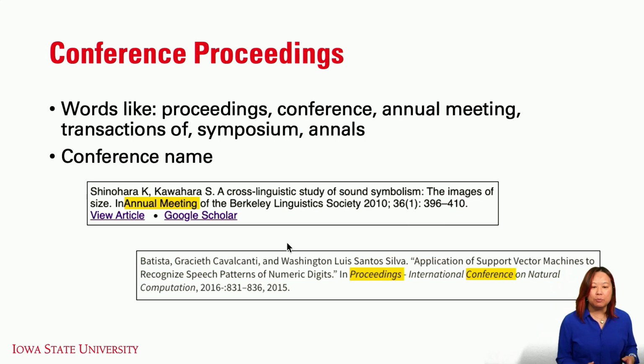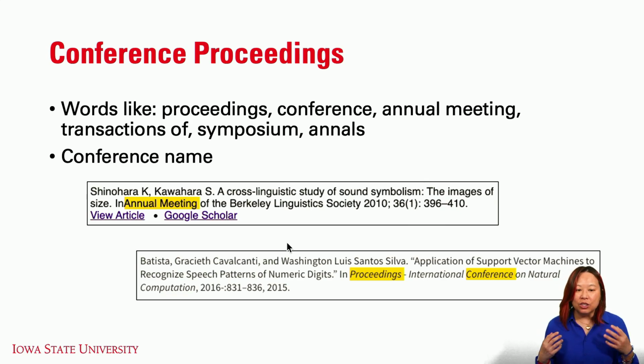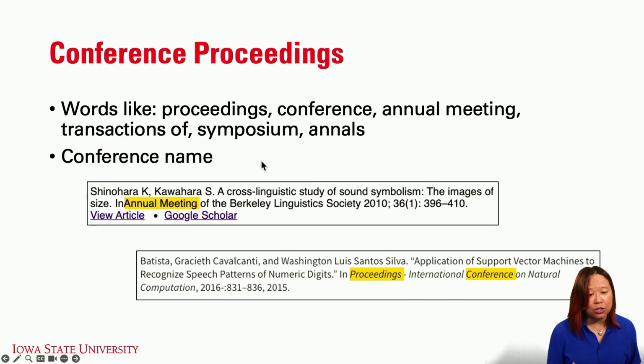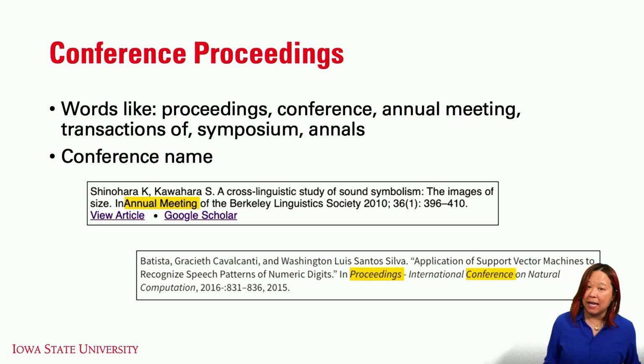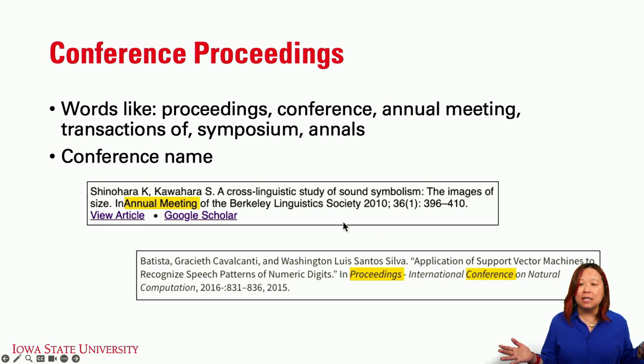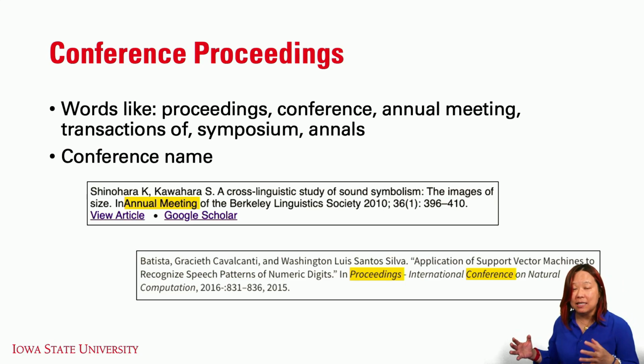All right, conference proceedings. The clues are in the words. So again, this might be something you may want to list in your notes. Look for words like proceedings, conference, annual meeting, transactions of, symposium, and annals. Sometimes you will also find a conference name. Conference proceedings are basically, you have a professional conference, people go to different presentations, sometimes they have a discussion.